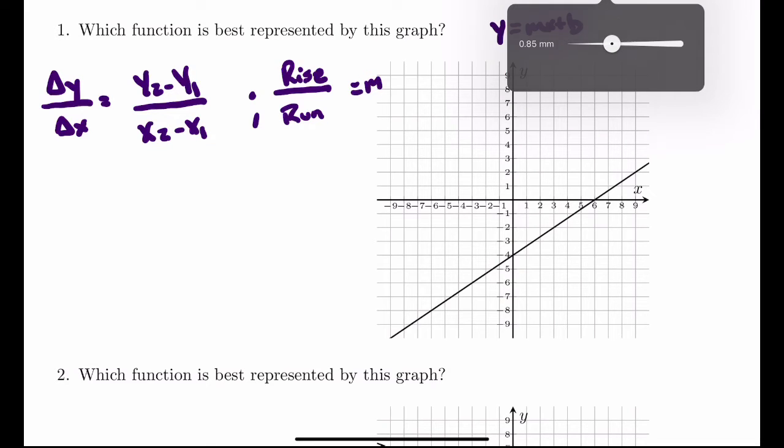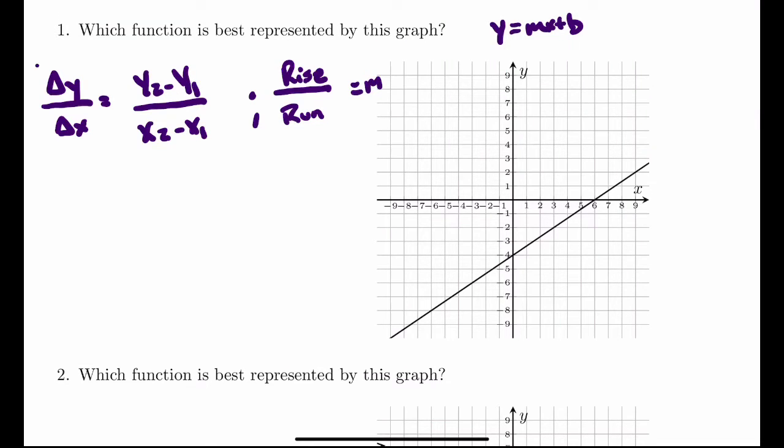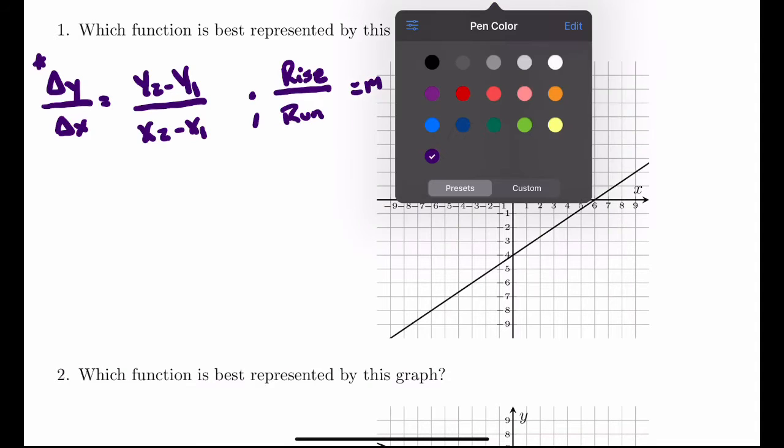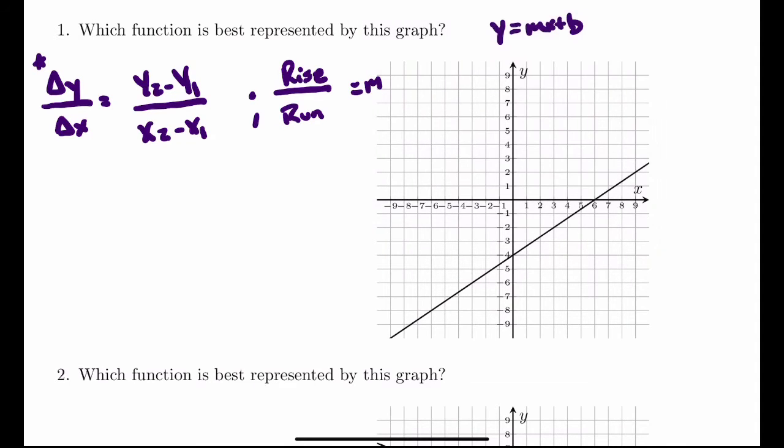So let's grab 2 points. Let's do this first one. So y2 minus y1 over x2 minus x1. We'll do this one in purple, and we will do this one in green. Make it a little bit easier to see. So all we need to do is grab 2 points on this graph.